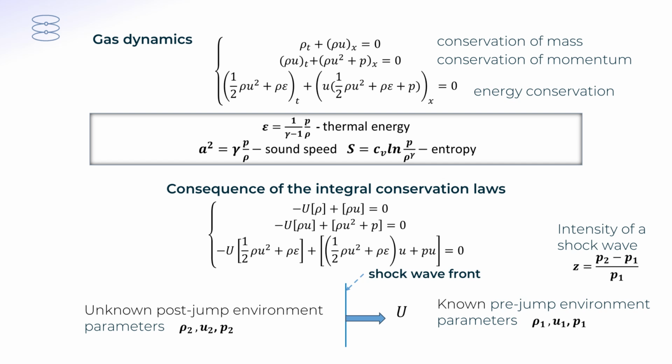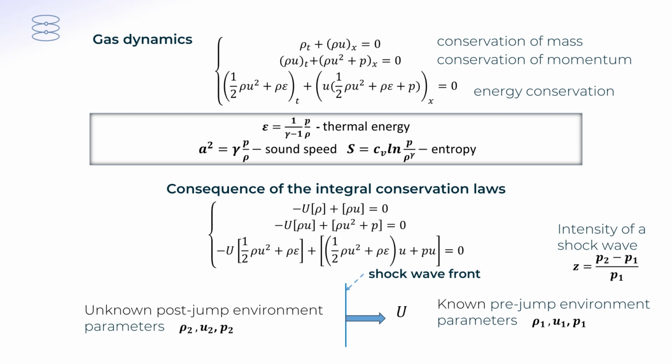Now consider gas dynamics. For gas dynamics, we use three laws of conservation. The first one is conservation of mass. The second one is conservation of momentum. And the third one is energy conservation. We have three equations to solve this problem.